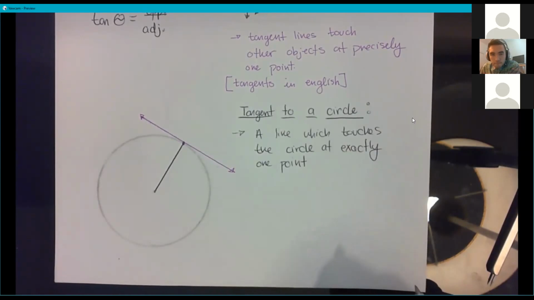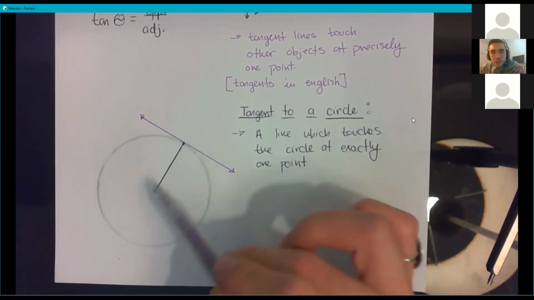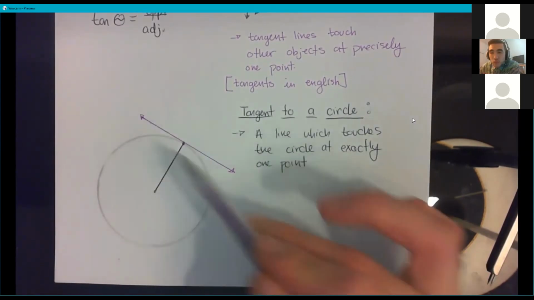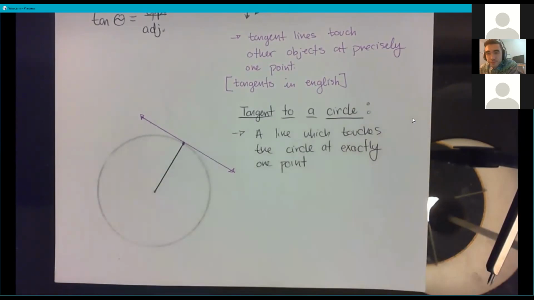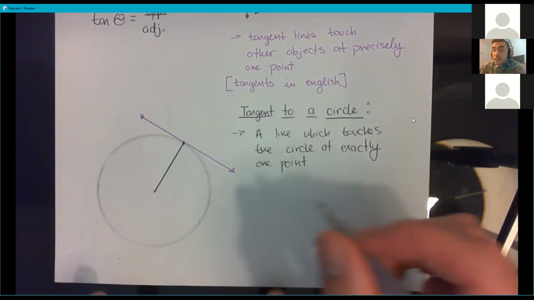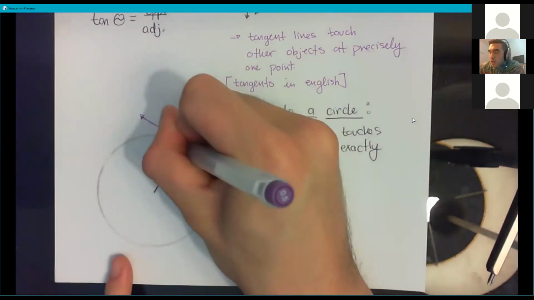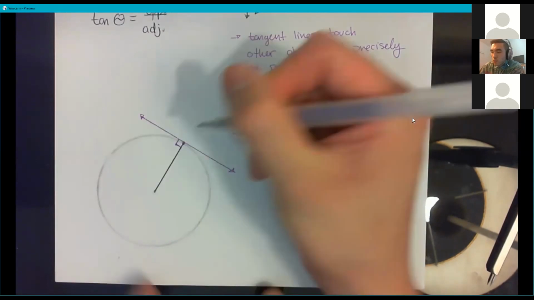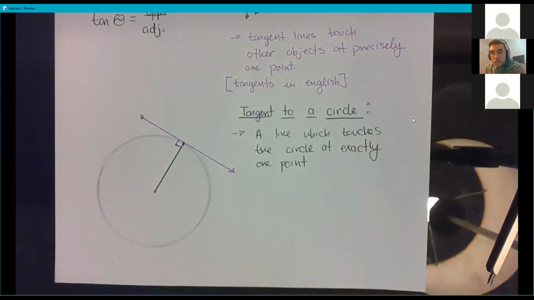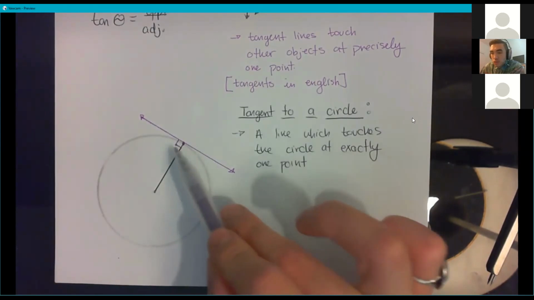It might be something about the slope. It might be something about how we could calculate the slope here. And then this would have to have the reciprocal slope. Does it have to be perpendicular? That is the rule. You can show that if you constrain these requirements such that this line touches the circle at exactly 1 point and 1 point only, at the point where it contacts, this has to be 90 degrees to the radius.